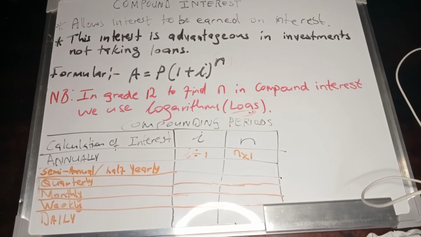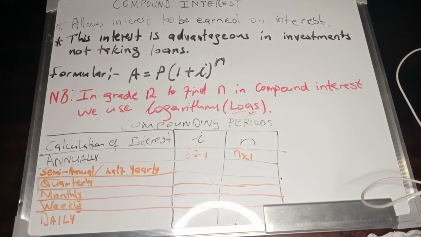On the second row is written semi-annual or half yearly, meaning every half of a year the interest is earned. So the interest is earned twice, meaning we divide our interest by 2.